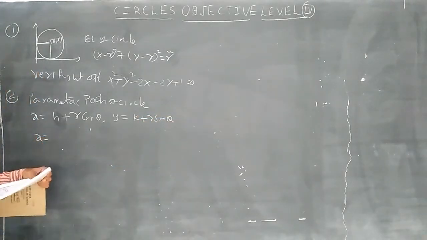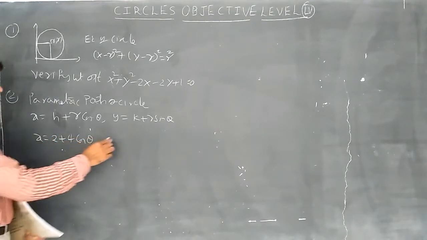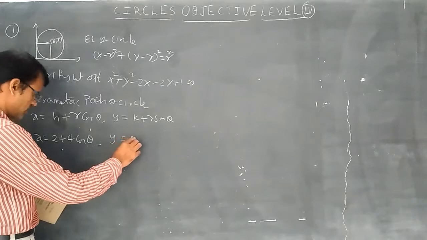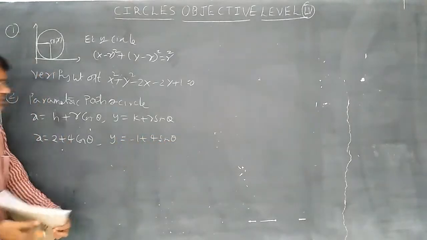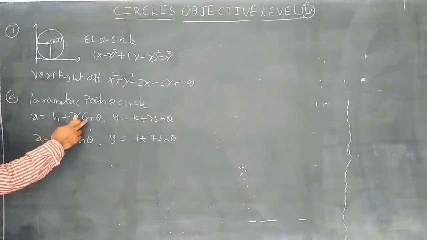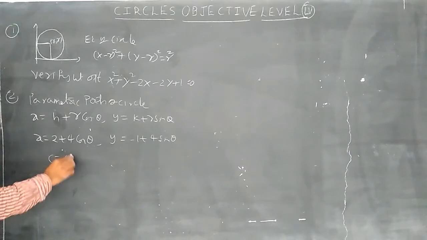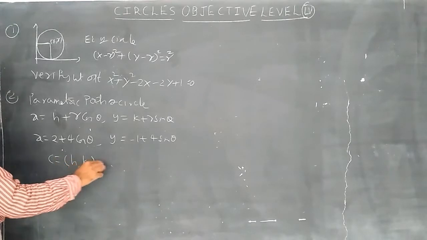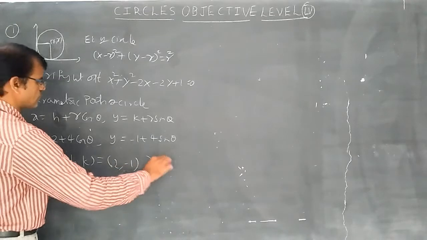Here it is given x equal to 2 plus 4 cos theta and y equal to minus 1 plus 4 sin theta. We can understand using this h plus r cos theta and k plus r sin theta concept. Center C is (h, k), which is (2, minus 1), and r is equal to 4.